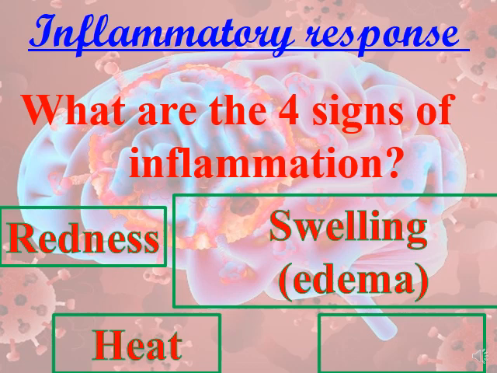Heat: it becomes very hot. Swelling, or edema: it swells. Number 4 is the pain. So redness, heat, swelling, edema, and pain. Swelling and edema have the same meaning, meaning that it swells.